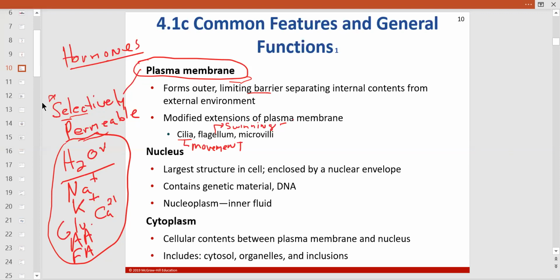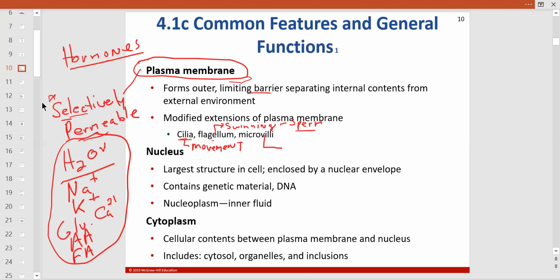Sperm. Yeah, sperm cell. So that's really the only place we see flagella. Now, bacteria, they use a lot of flagella, but we're a little bit more complex than bacteria. Not much, but a little bit. Now, so cilia was for movement. Flagella is a huge protein cilia for swimming. Locomotion, really is the word.